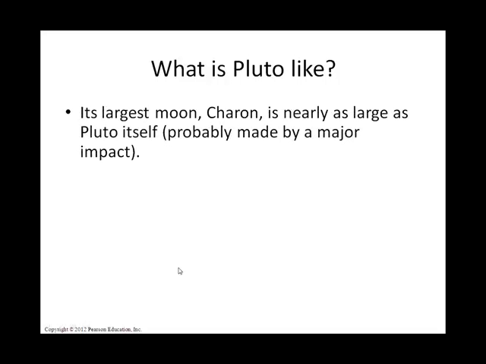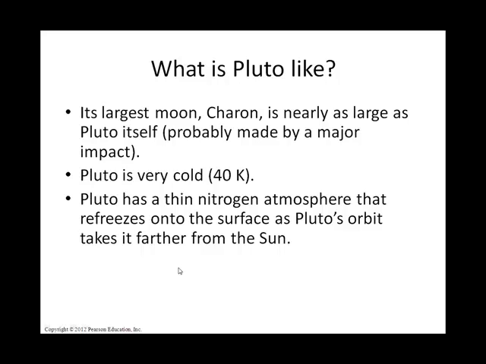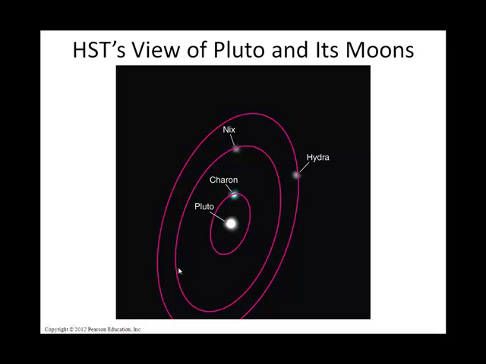So let's look at Pluto. Pluto is a dwarf planet, and it has a relatively large moon, Charon, which is almost as large as Pluto itself. Pluto is very cold and has a thin nitrogen atmosphere. When your book came out, Pluto had 3 moons: Charon, which orbits Pluto, and Nix and Hydra.